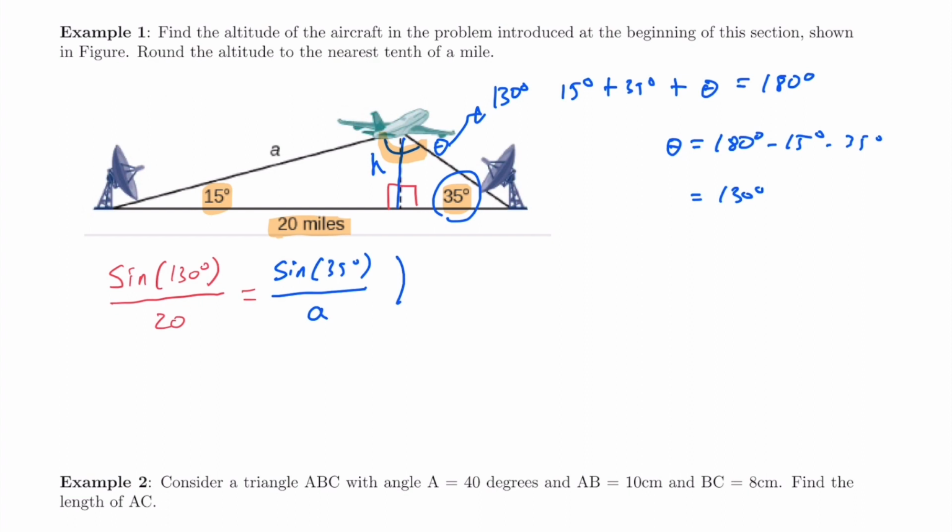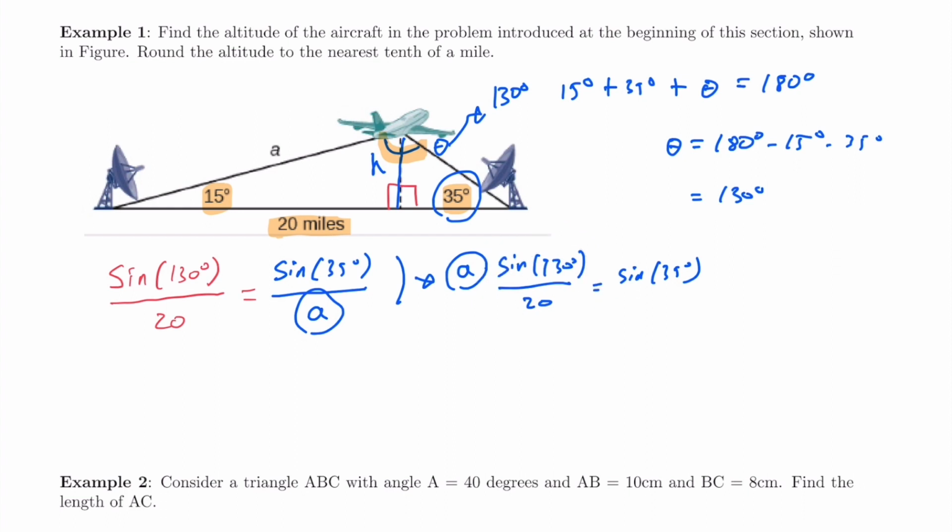And let's find A. When I say find A, all we do is just solving for A. So I'm going to multiply A both sides. I get A times sine 130 degree over 20 equals sine 35 degree. I want to solve for A. That means I can just multiply the reciprocal of this.